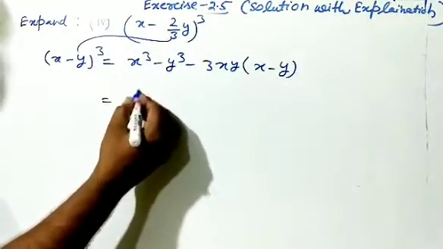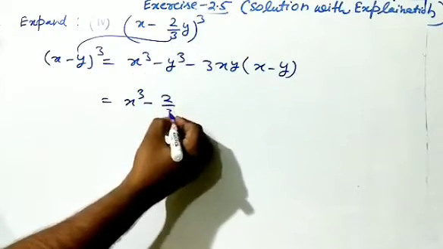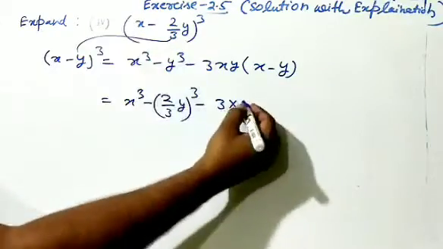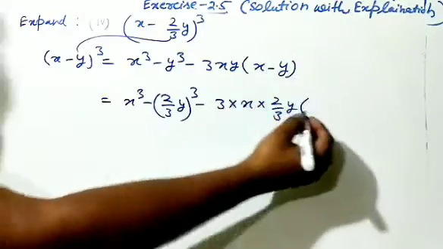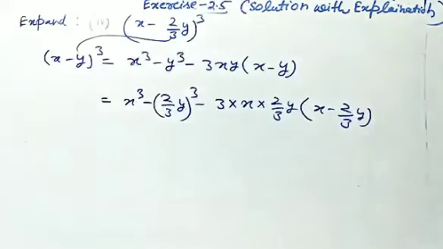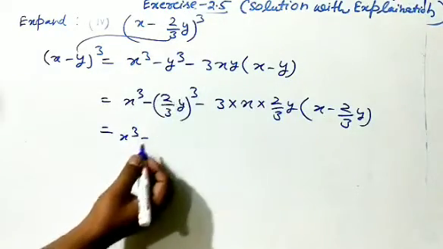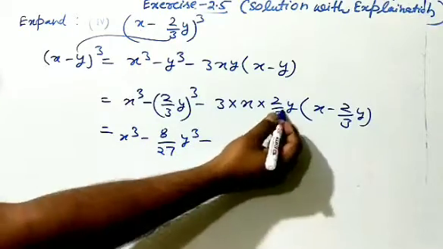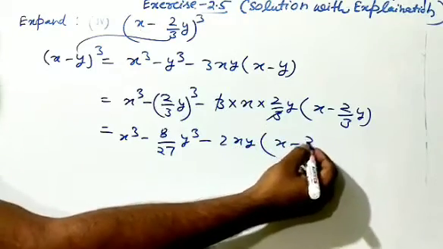So x cube minus, we put in place of y, (2/(3y)) whole cube, minus 3 multiplied by x, y is 2/(3y), and (x - 2/(3y)). Now x cube minus 2 whole cube, 8/(27y cube), minus 3 cancels with the 3, 2xy bracket x minus 2/(3y).